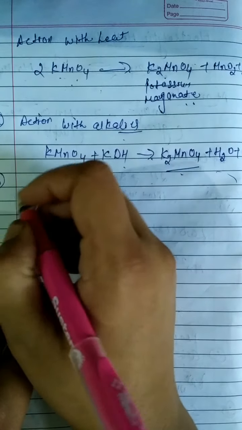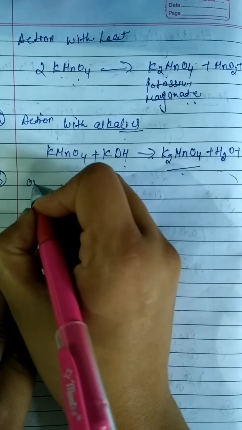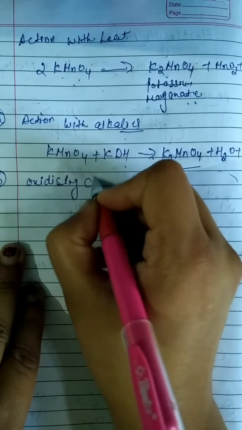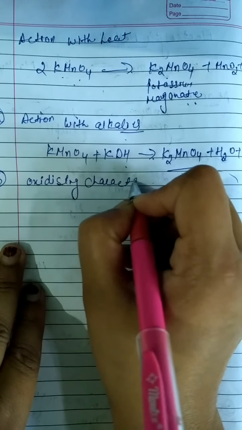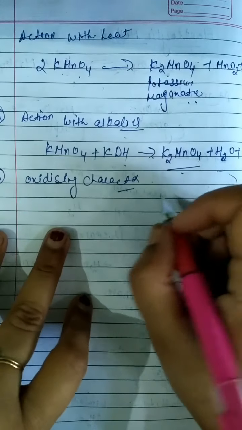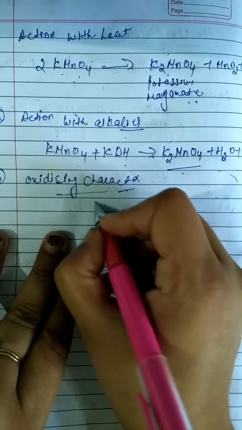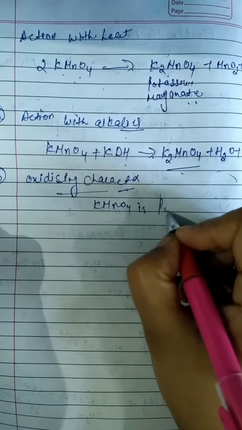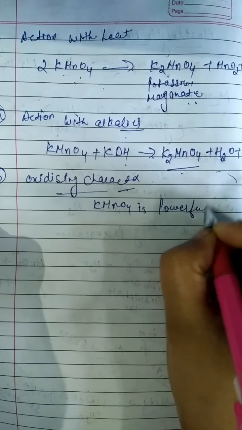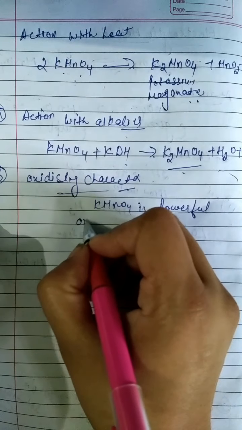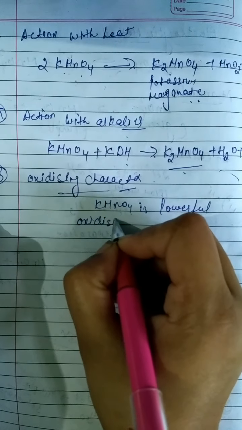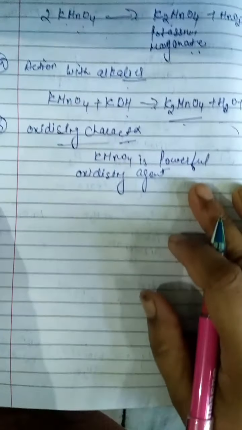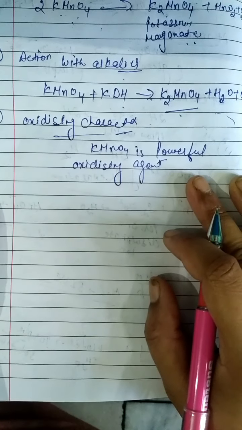And the fifth one is the oxidizing reactant. Potassium permanganate, KMnO4, is a powerful oxidizing agent. Clear? Why?